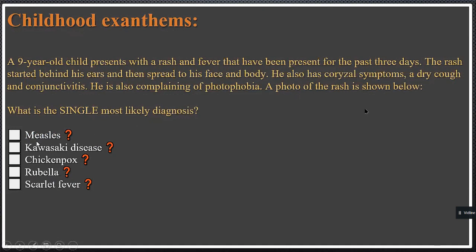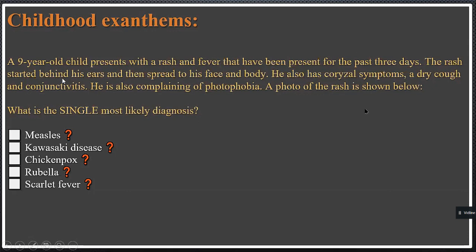Why is this one measles, guys? Measles because of the photophobia, behind the ears, high fever, coryza symptoms, conjunctivitis. Number one, the photophobia. The age, child, okay? And also rash and fever that have been present in the past 3 days, which means a prodrome, right?